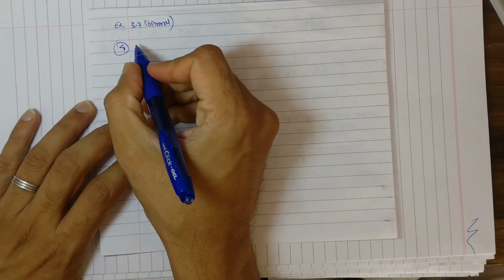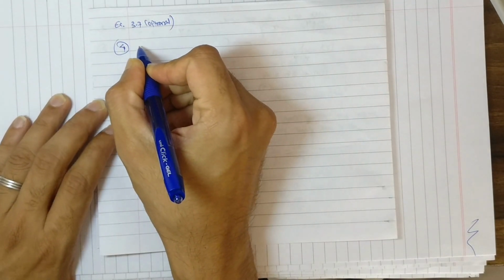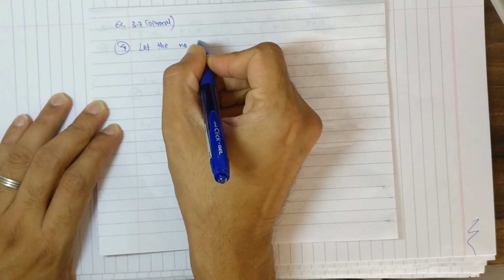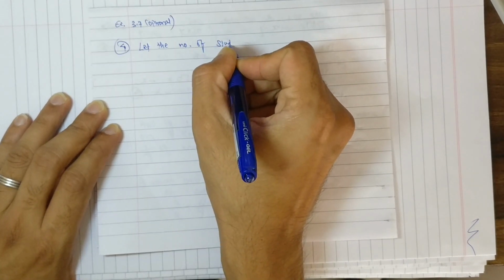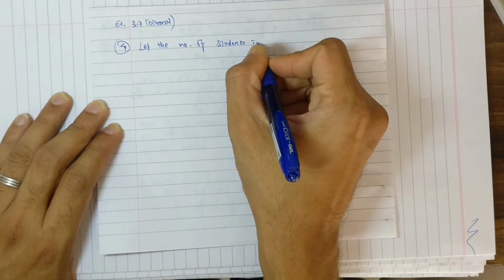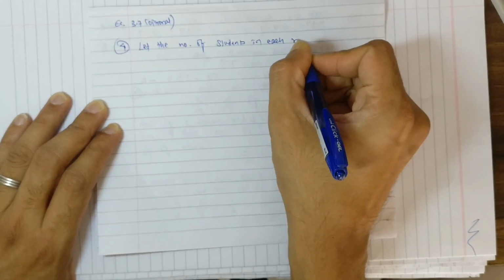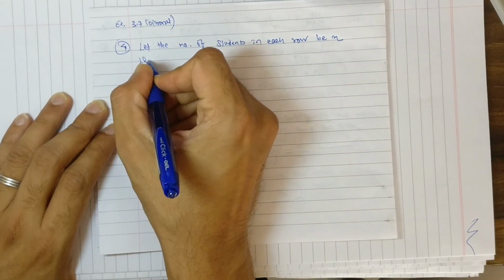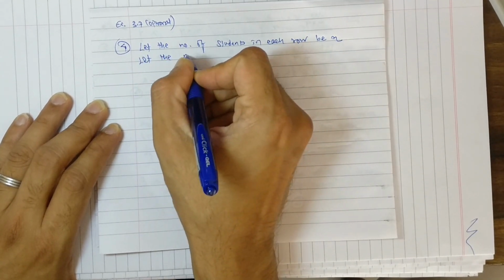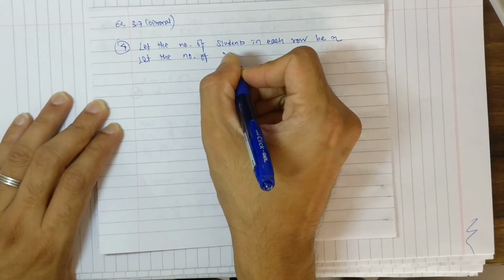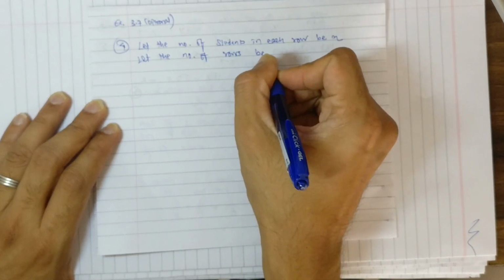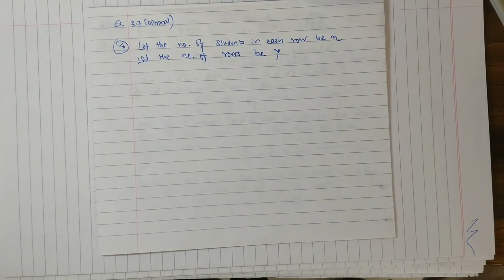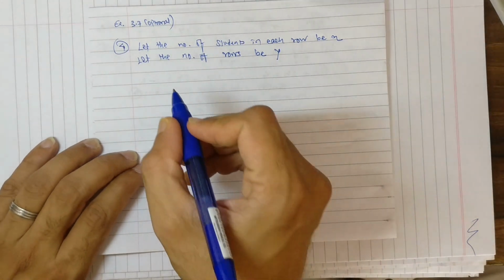So let's write our statement as, let the number of students in each row be x, and let the number of rows be y.